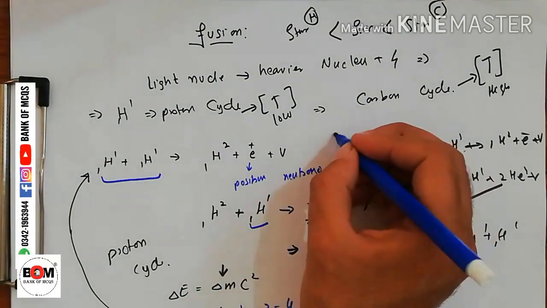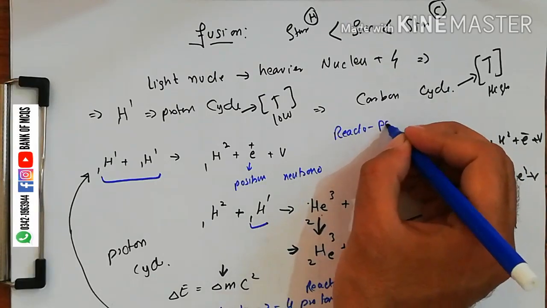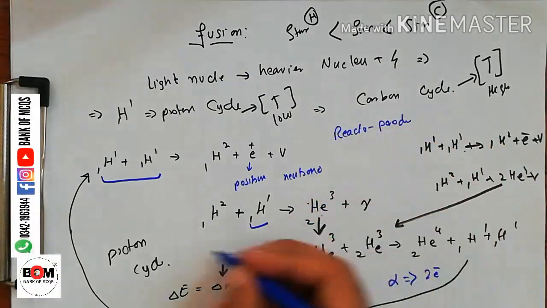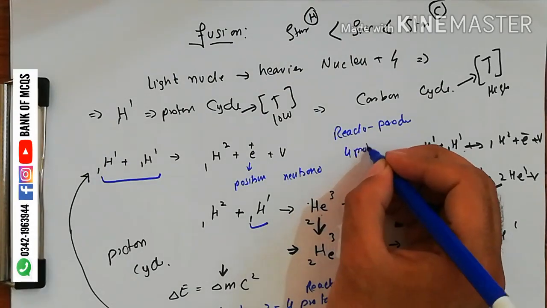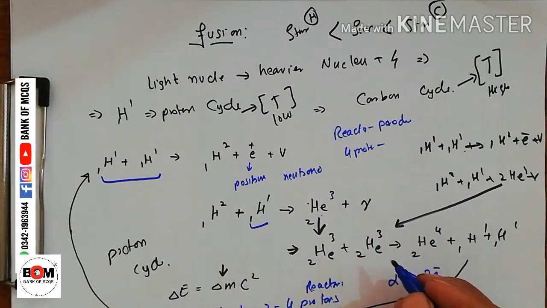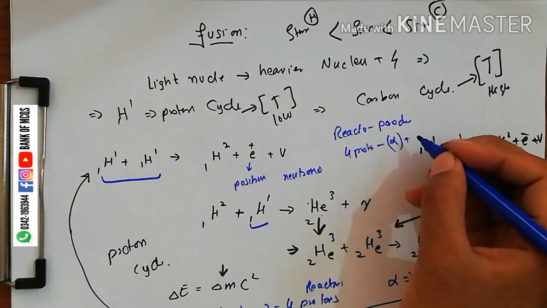and the change in mass is the mass of reactants minus the mass of products. Here the reactants are 4 protons, and the products are an alpha particle plus 2 positrons.